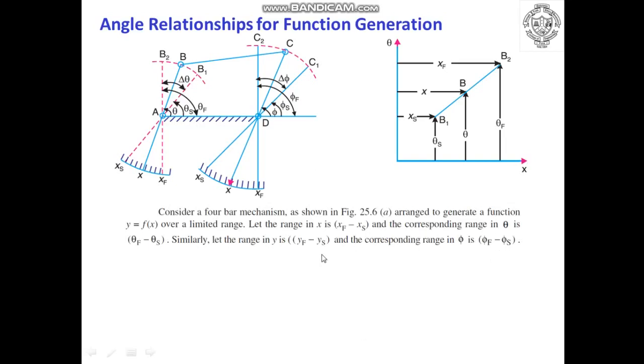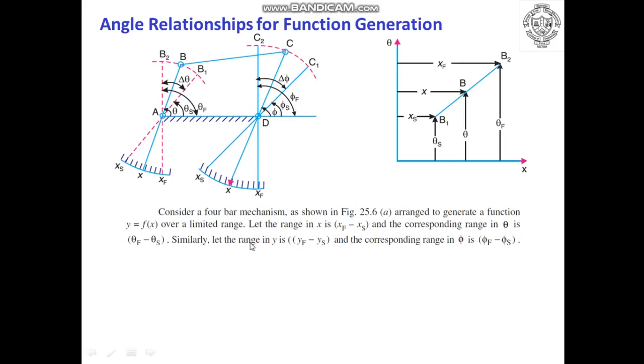Now let us consider this 4-bar mechanism I have already explained, which is arranged to generate a function y equal to f of x over a limited range. Let us consider the range in x as xf minus xs. The corresponding range in theta is theta f minus theta s.